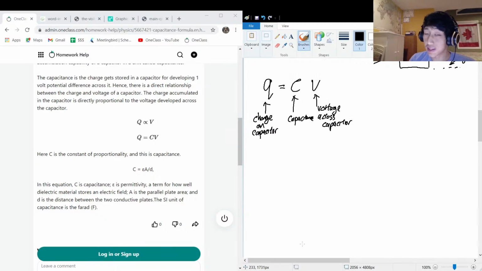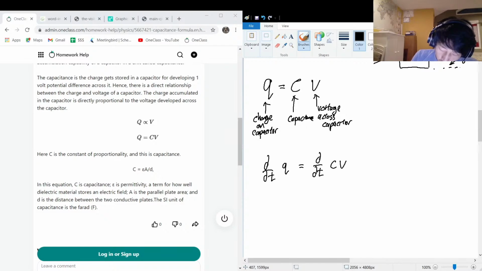Now, if we wanted to take the time derivative of this, d over dt of Q equals d over dt of CV. C is constant.